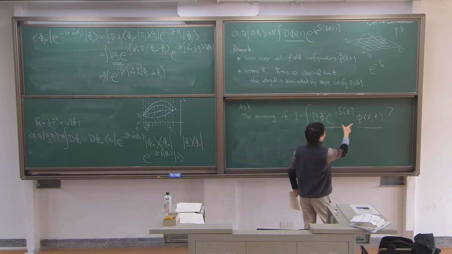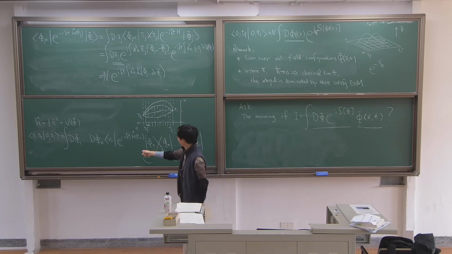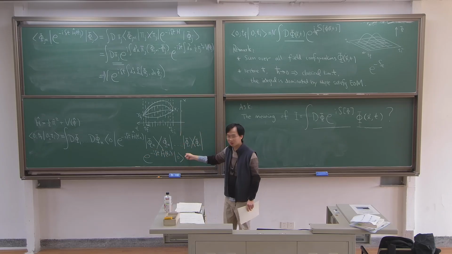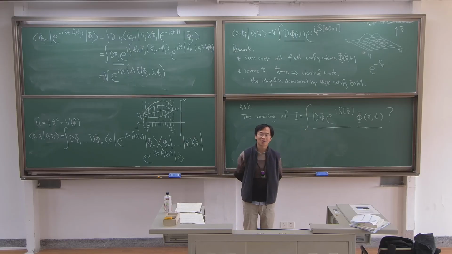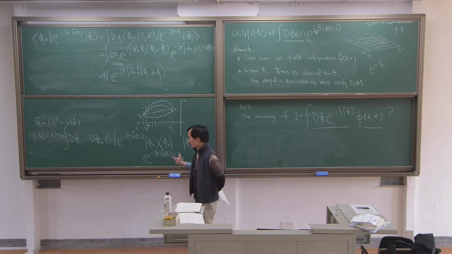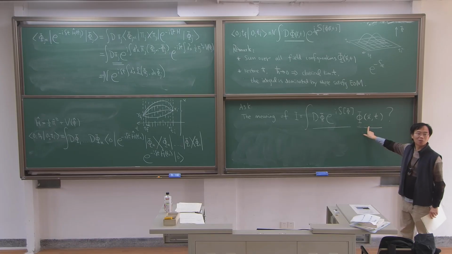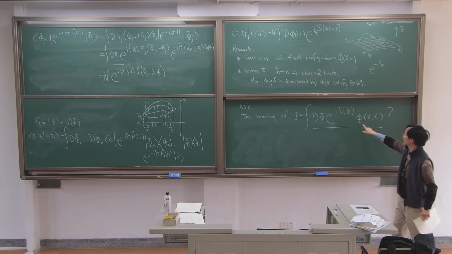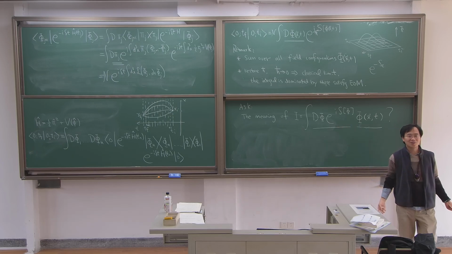If you don't know how to answer what's the meaning of this object, then you should go back to this picture, because we know this picture is the Hamiltonian canonical formulation of the path integral. Then if I know from this picture how to create something like this, that's the job, to create a factor phi or field insertion phi inside this path integral. Then I know the answer.